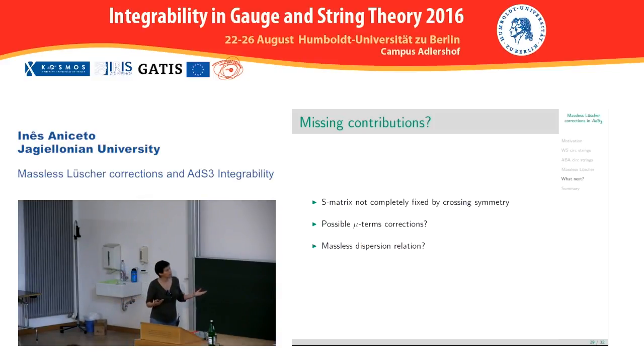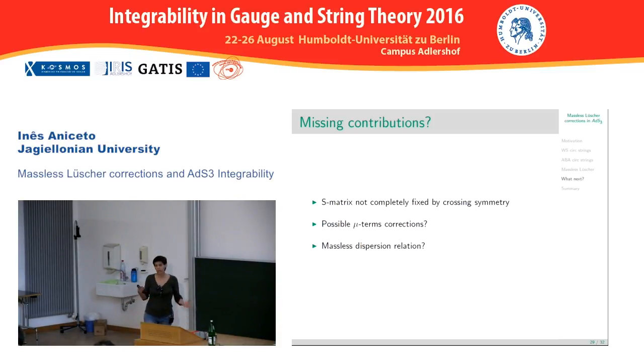Other things that we did check, but not thoroughly, are the other types of corrections from finite volume, which are mu terms from Luscher. We did check that they seem to be exponentially suppressed, but further checks should be done to confirm this completely.